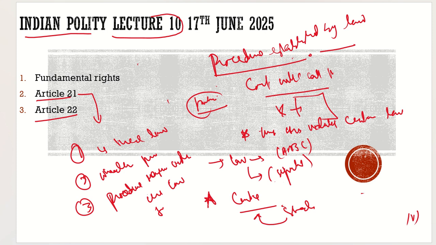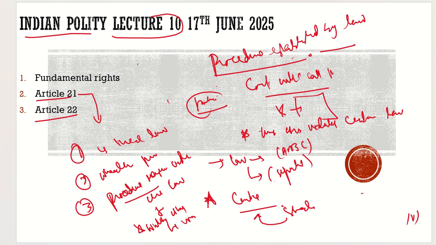They informed him, not in writing, but they just told him that we are arresting you for a certain reason, and they took him to jail. So the court will ask the police whether they had followed the procedure which was mentioned under the law, whether they had given him the reason in writing why he was arrested. So these three principles are checked under the procedure established by law.